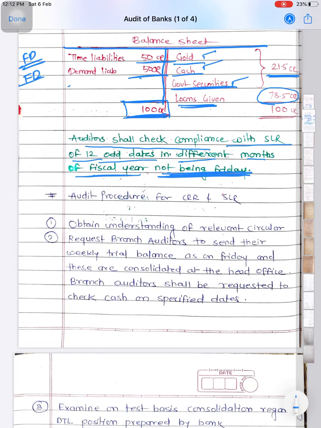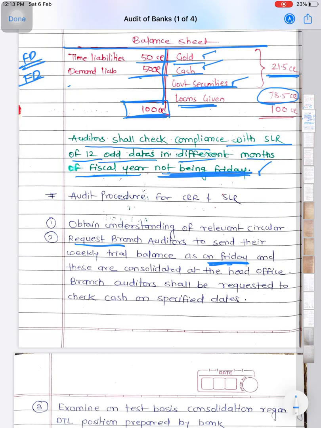Because RBI requests the branch auditor, and the balances as on Friday already get checked in the bank's internal procedures. That's why it has already been checked, so any odd dates of the 12 months, the auditor needs to check whether the CRR and SLR requirements have been met or not.